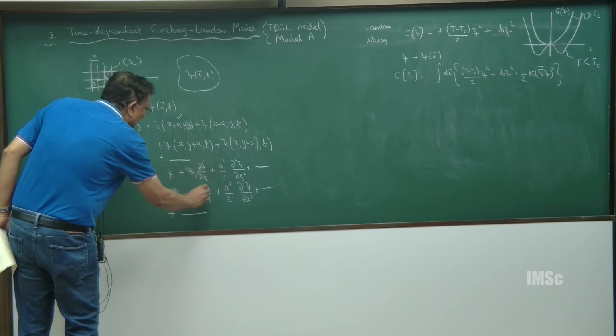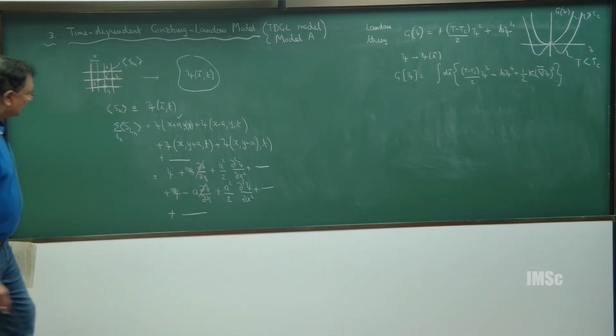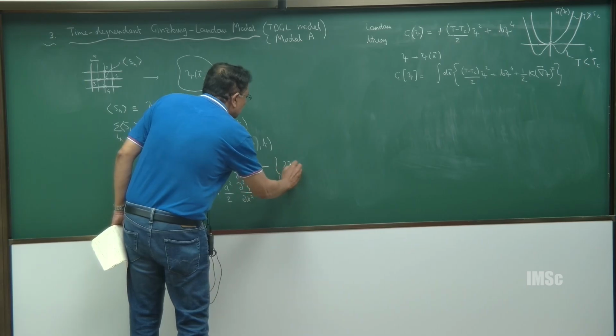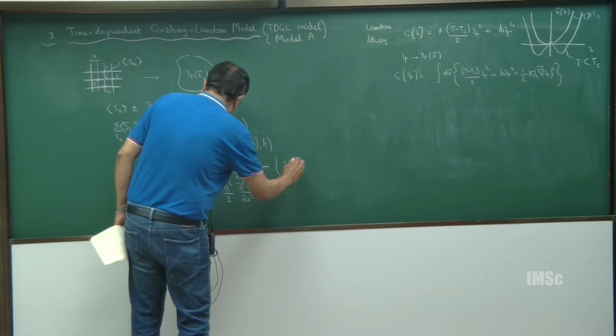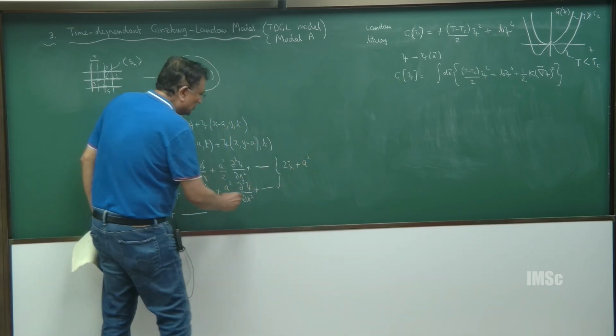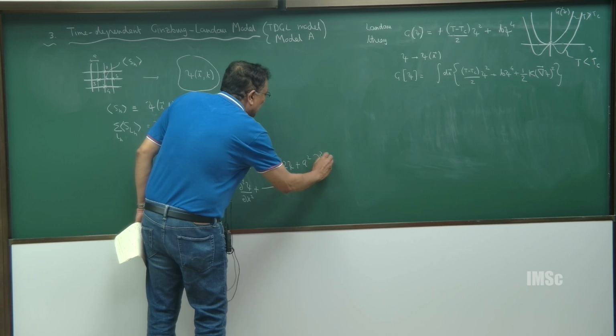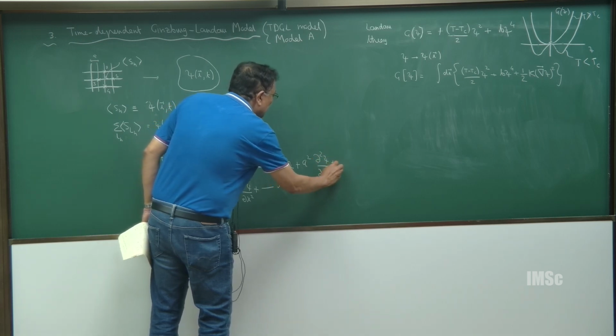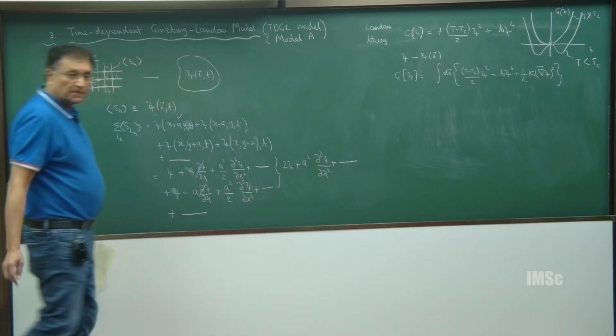The odd terms will cancel out, and basically I am going to get these 2 terms combined to give 2 psi plus a squared, these two combine, del 2 psi by del x squared, the first order derivative is gone, plus higher order terms.